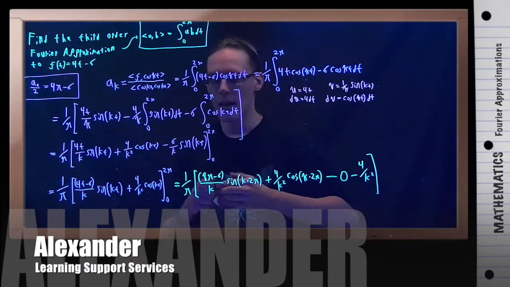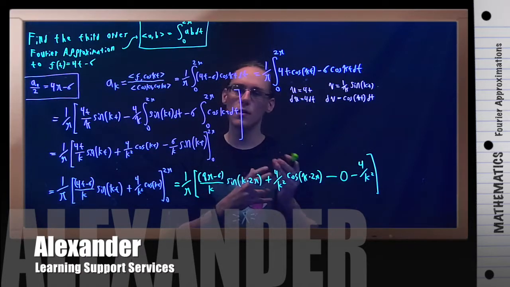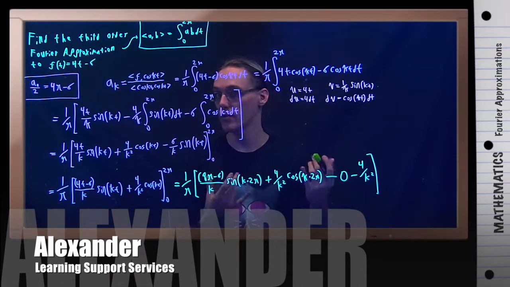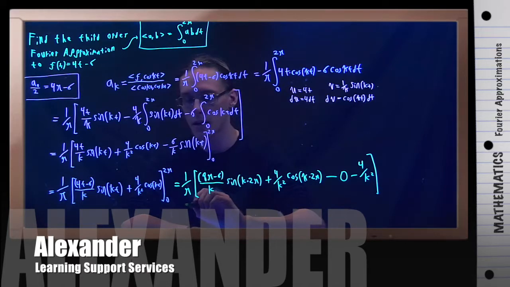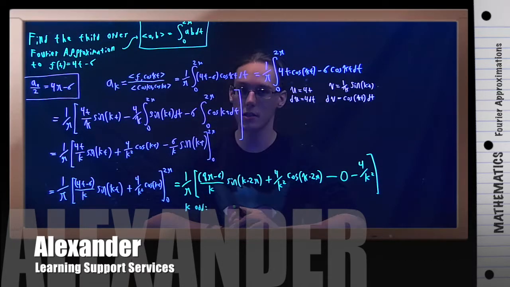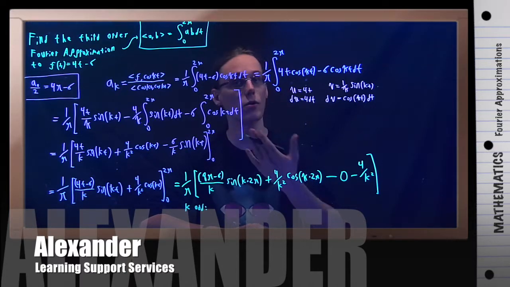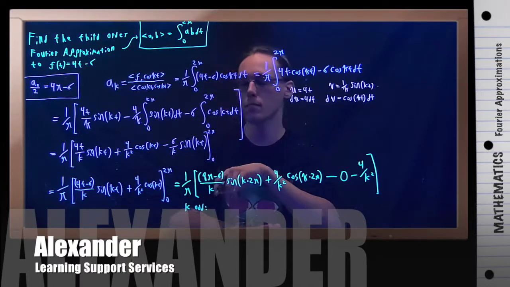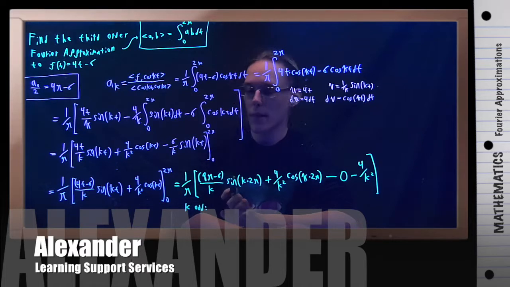Now, I need to think about whether or not k being odd or even makes a difference. So let's think about k being odd. Again, odd is like 1, 3, 5, etc., or -1, -3, -5. And let's think about what happens on the unit circle if k is odd for sine.